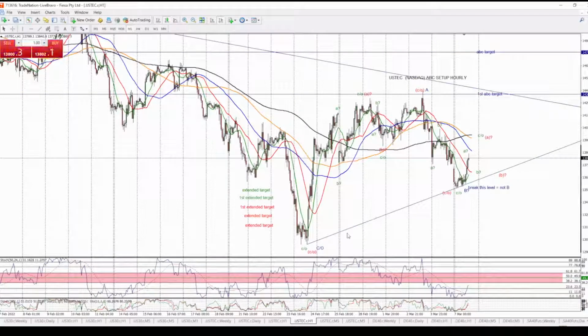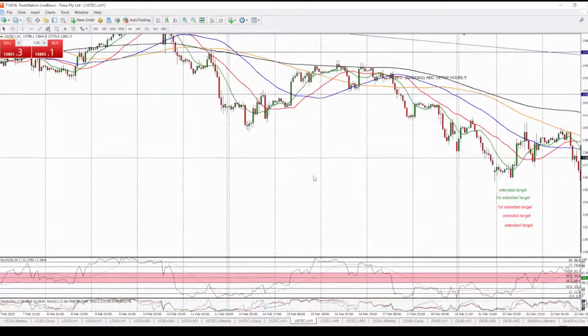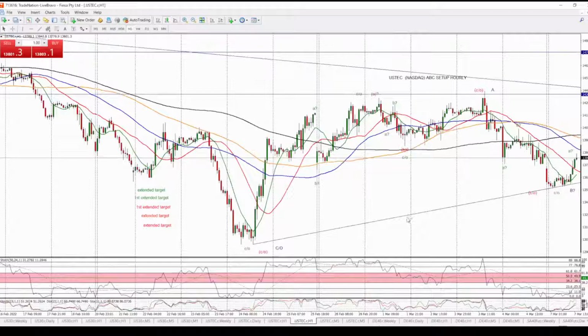Get some channels. Turn off that one. I'm going to have to zoom here, but just to see the first hit, which is there. There's the first hit. Just a little ABC retracement.